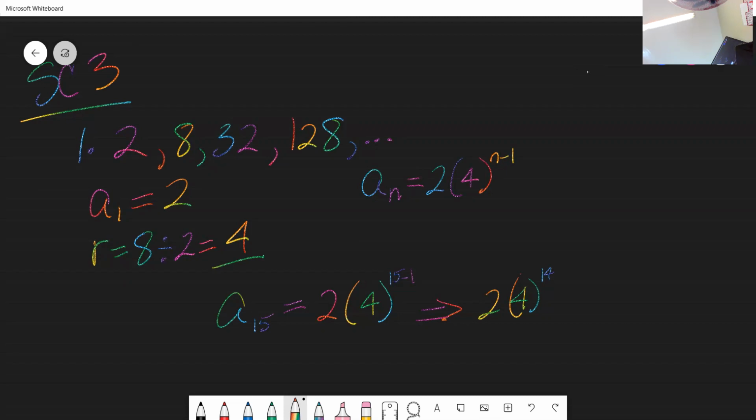So you plug that into a calculator. What do we need to calculate first? According to our order of operations, 4 to the 14th power. So 4 raised to 14. This is so huge. Okay, that's okay. We'll do this.